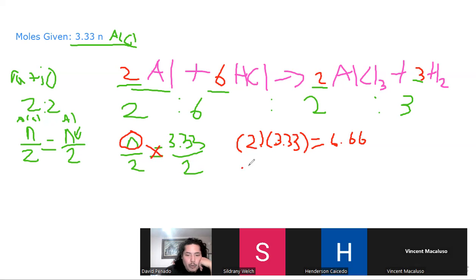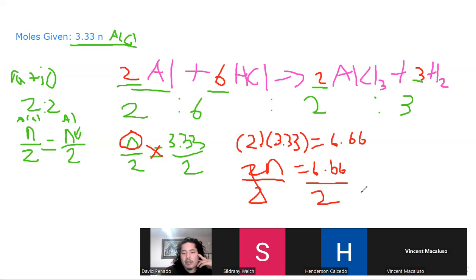And then the other one is 2 times n, which equals 2n. So now that we have n on one side and this number is condensed to 6.66, what's the next step to get n by itself? Divide. Divide by 2. The 2 cancels out. 6.66 divided by 2, what do we get? 3.33.